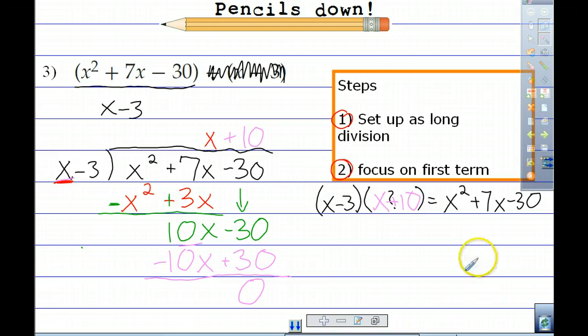Really important here. This we could have done anyway. This is a quadratic. I mean, we could have gone through here and said, what two numbers multiply to negative 30 and add to 7? Yeah, 10 and negative 3, right? That's the same two numbers. So with a quadratic, it's not quite as useful because we already have a faster way of doing all this work.